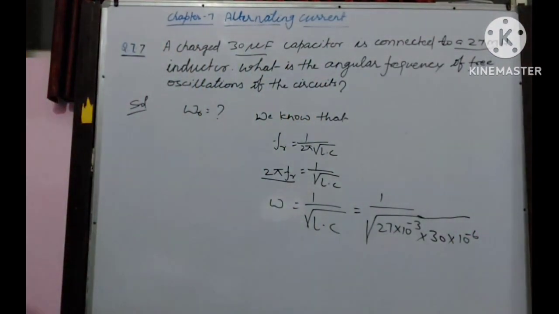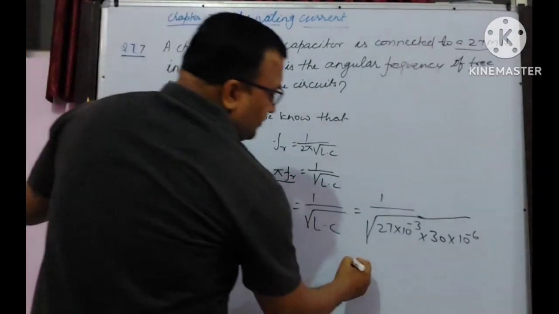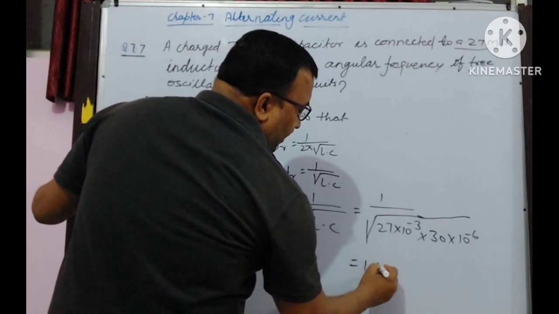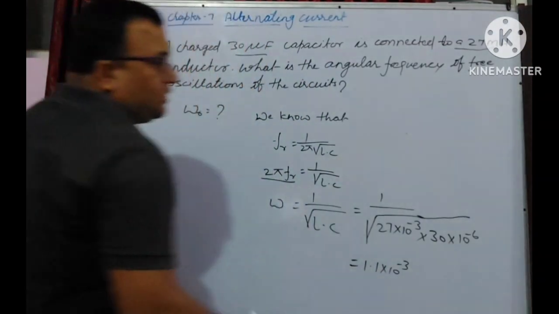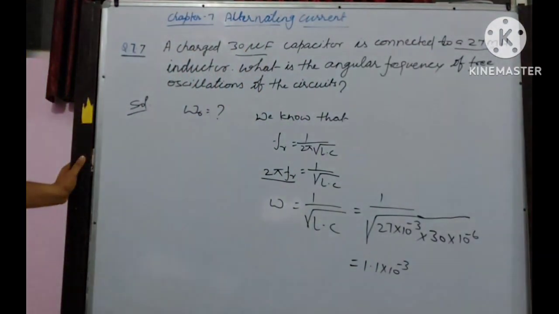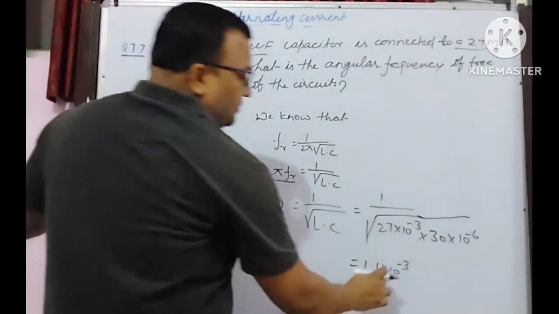If you put all the values and resolve this, you will get 1.1 into 10 to the power 3 radian per second.